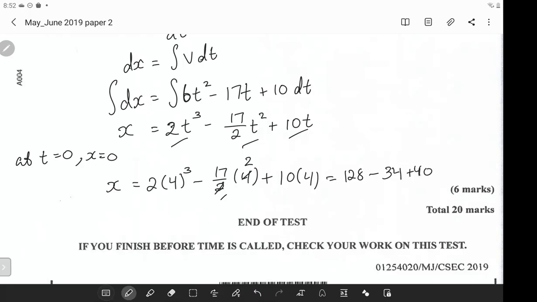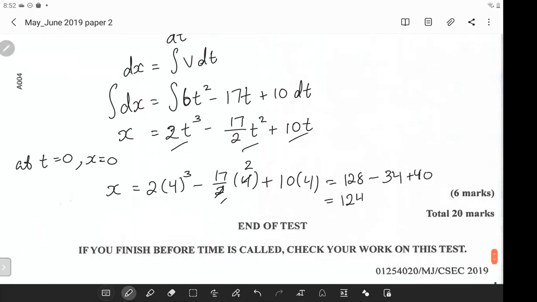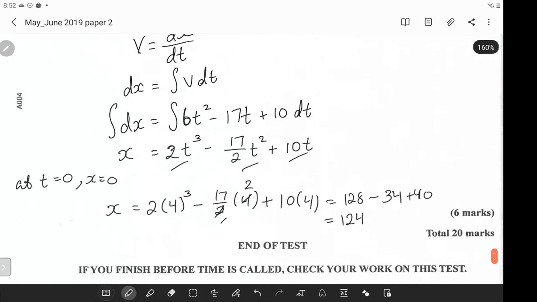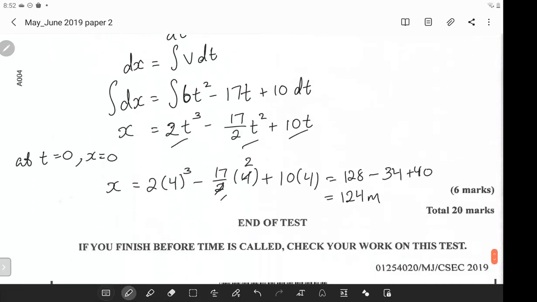Right, so that is 134. And of course, this is in meters. So in the 4th second it travels 134 meters.